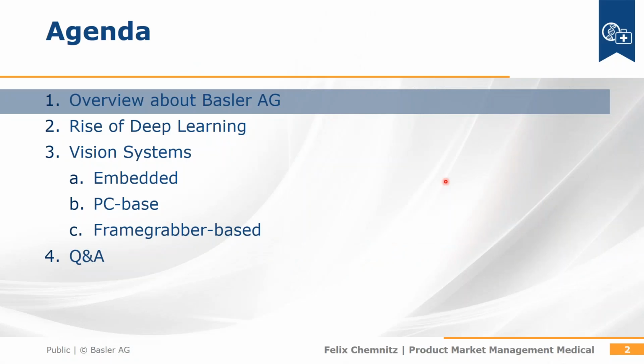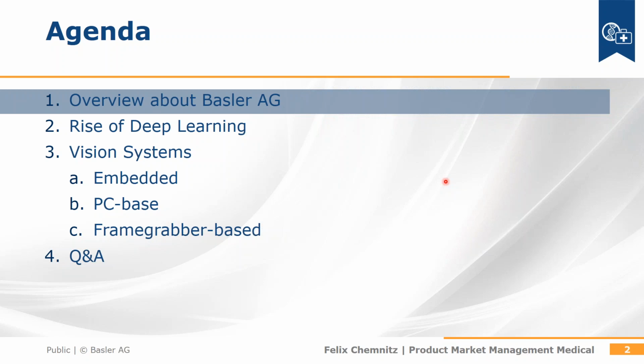To give you a brief overview of the agenda of today's webinar, I will start with a short overview of Basler AG, so you know who is talking to you and what the background of Basler AG is. Then a little bit of the motivation, the rise of deep learning. Why is deep learning in our daily life becoming so important?